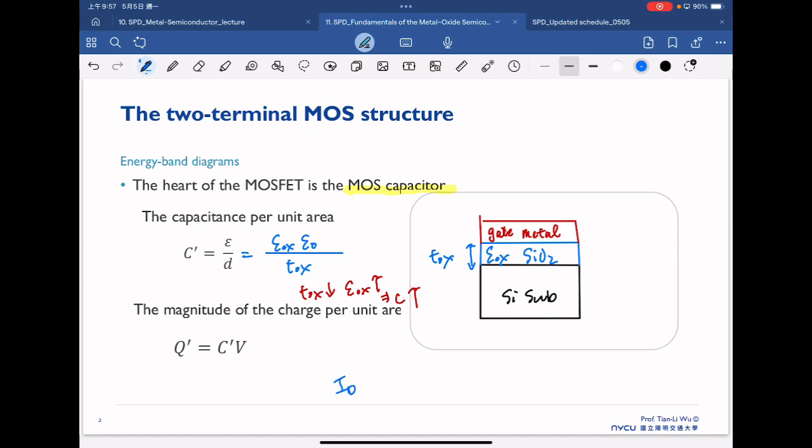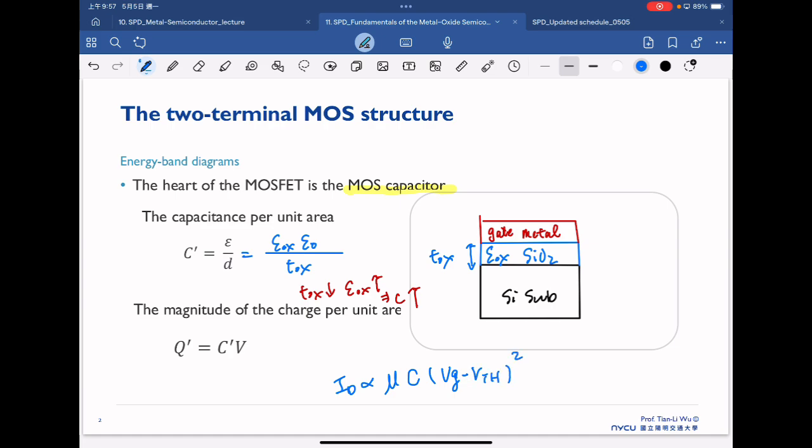If you have followed the basic electronics in undergraduate, you should be able to understand that the current equation should be proportional to our mobility, proportional to our capacitance, and proportional to our Vg minus Vth.